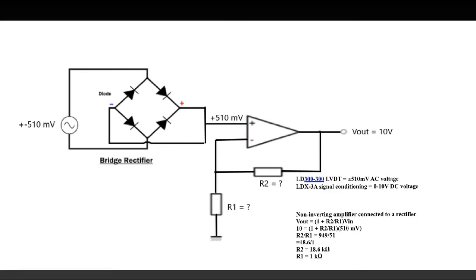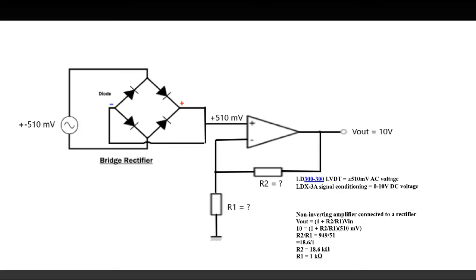For the signal conditioning circuit, we want to be able to obtain a readable data. The problem is that the output voltage is too small and is in alternating current. The first step is to use a rectifier to convert alternating current to direct current. Once we've done that, the output voltage of the rectifier is amplified from 510 millivolts to 10 volts.